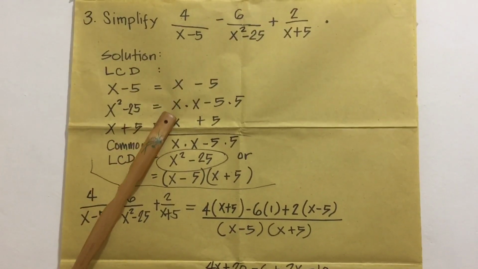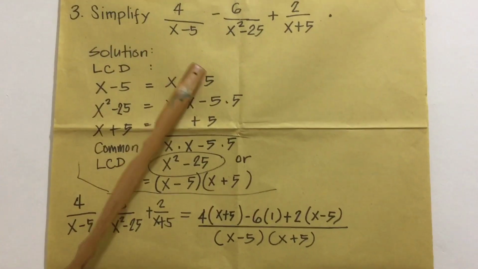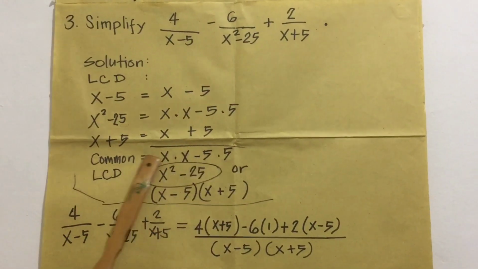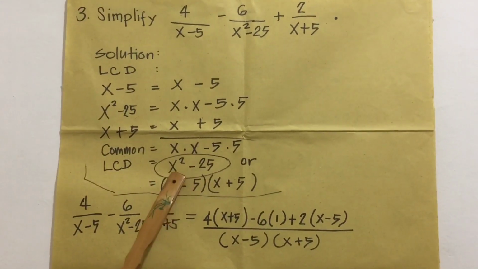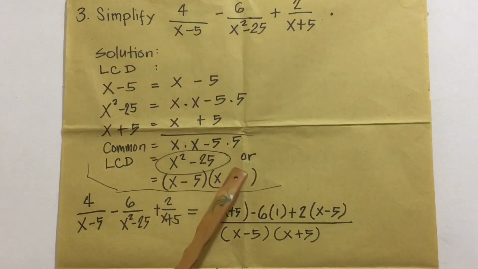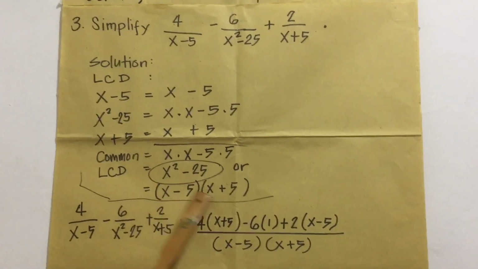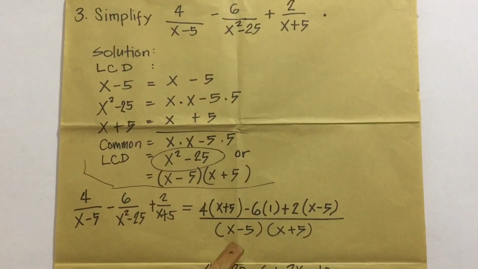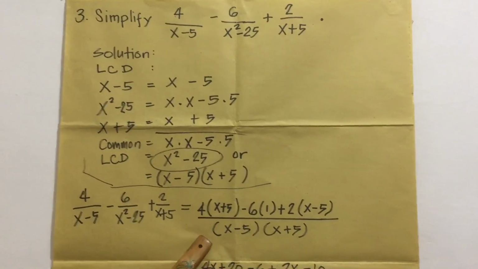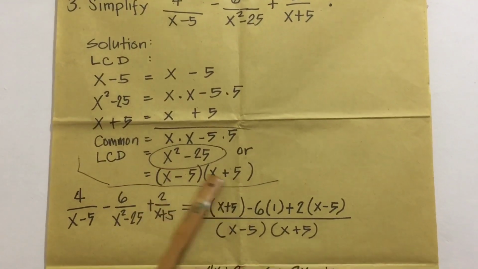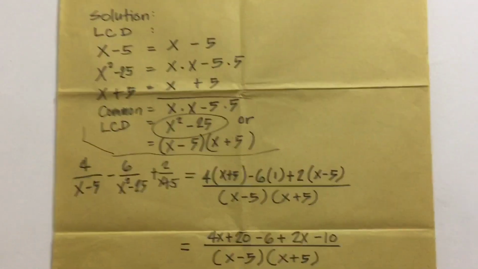We're going to look for the common variable and the common constant number and multiply that, and the result is x squared negative 25, for example. Or we're going to factor this. This will be either our denominator, or the LCD, x squared negative 25, or either the factor of x squared negative 25.